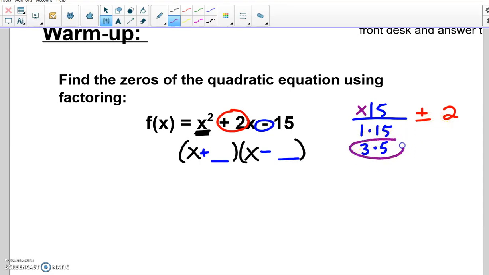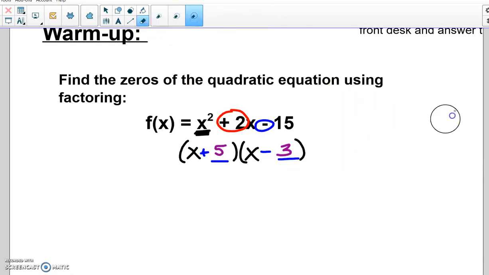I think it's pretty obvious we're going to use a 3 and a 5. The 2 needs to be positive, so the bigger number needs to be positive. So the 5 is going to be the plus, and the 3 will be the minus. All right, and that is how you factor a quadratic equation or function.